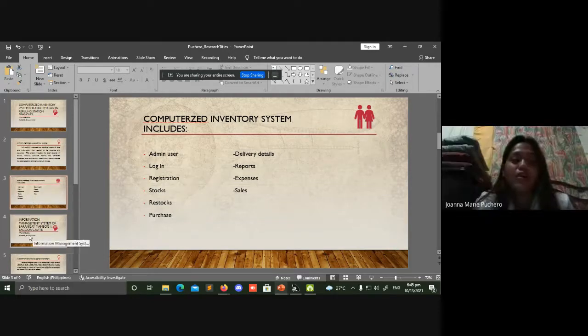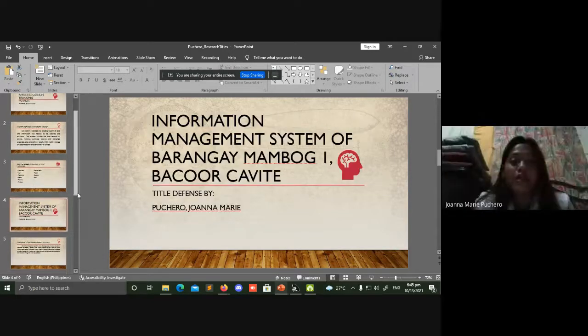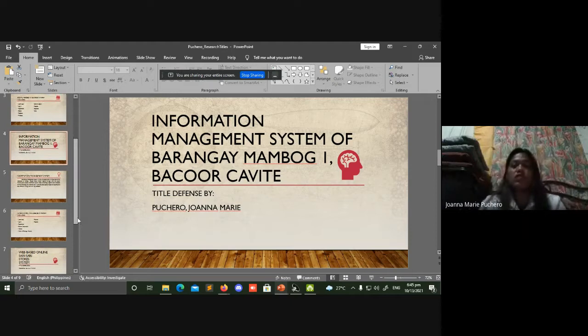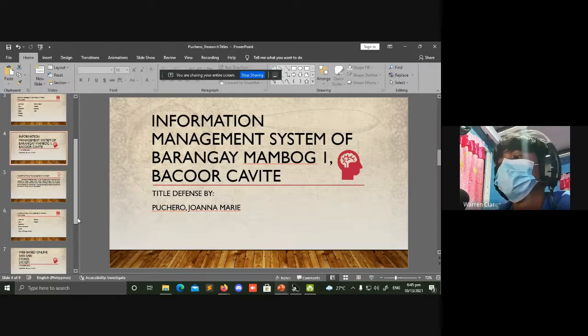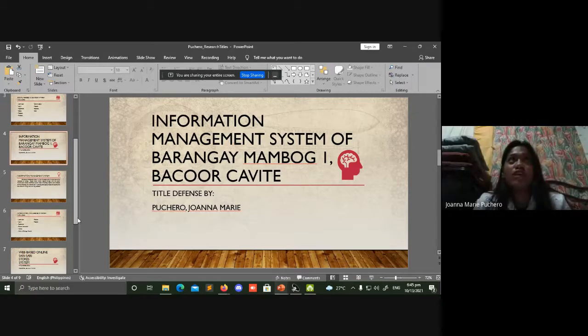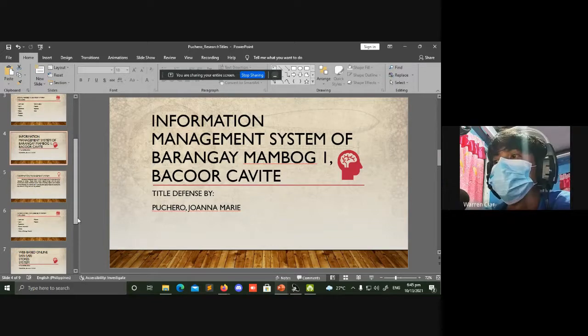Next topic will be the Information Management System of Barangay Mamboguan, Bacoor, Cavite. This is based on my observation and experience when I came to our barangay and claimed my barangay ID. Since we are under a pandemic, the protocol must be followed. When I came there, their process seemed to be more time consuming.